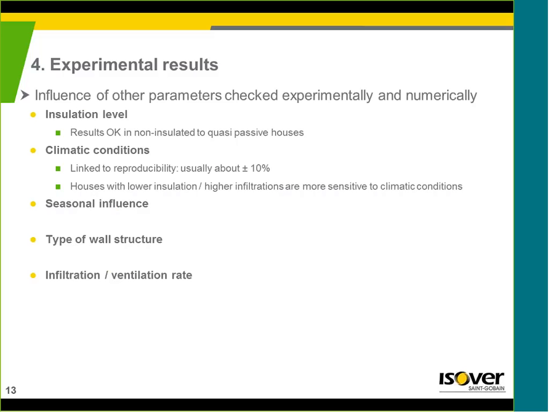Considering the climatic conditions, the way we see it is that we want to make a test that is rather easy to do in practice, so we don't want people to have to get to a house with a weather station. So for us, the impact of climatic conditions will be linked to reproducibility. So usually when we take the same buildings and measure day after day, usually we have about plus or minus 10%, which is mostly due to the climatic conditions.